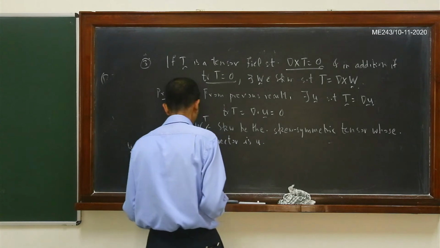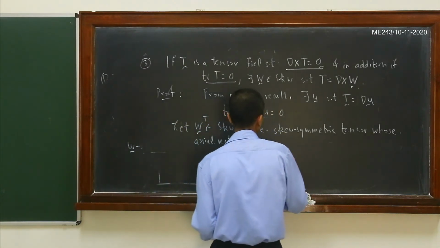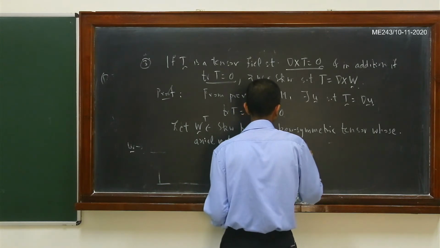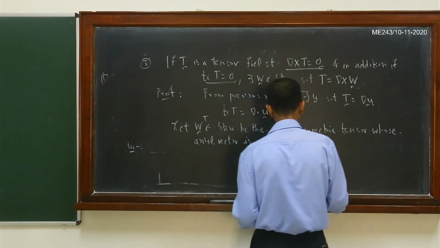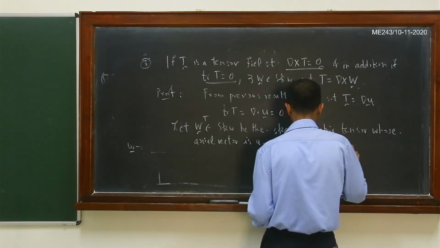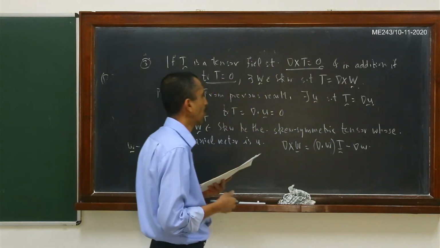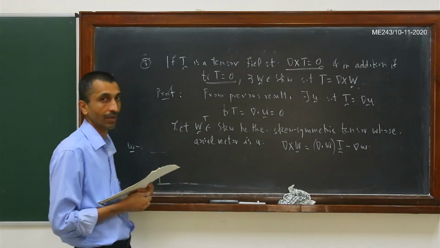Okay, so we have one result which is del cross W is equal to del dot W times identity minus del W. So this result holds for any skew symmetric tensor.